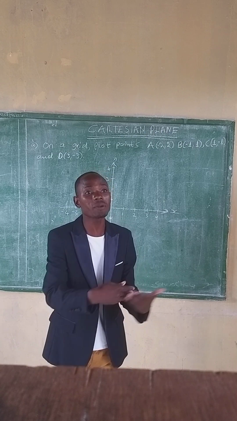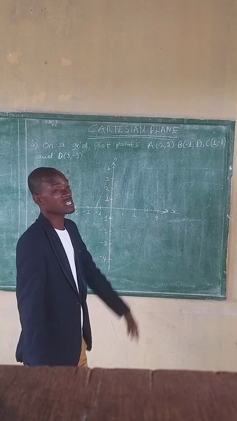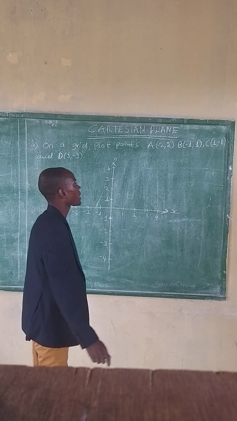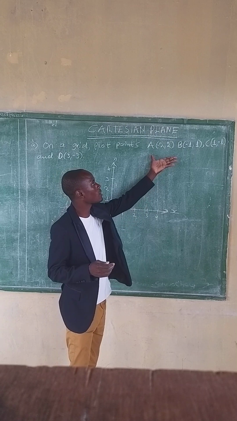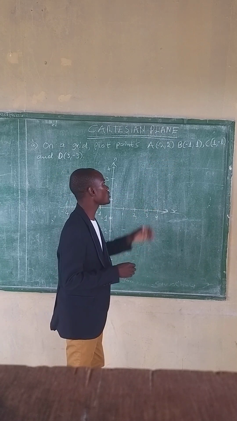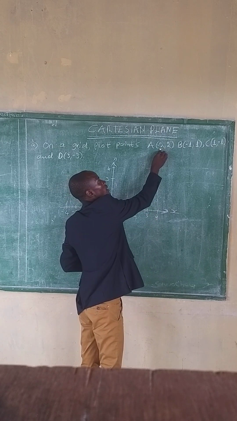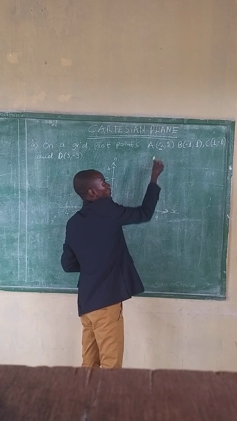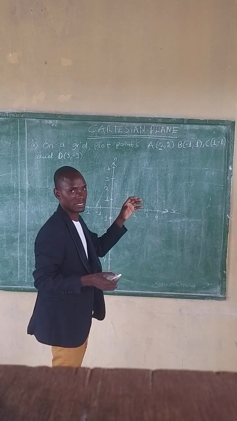We can still call them points, or we can call them coordinates. Now, one of the things that we have to understand is that when you have been given coordinates like this, the first number before the comma always represents x.